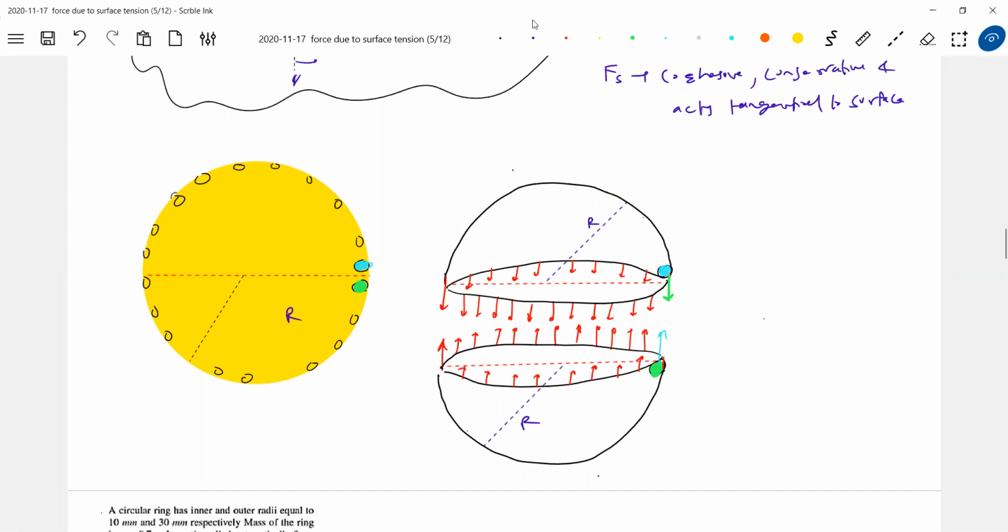So if you draw a surface, it will be acting. Instead of drawing the line here exactly on the diameter, if you draw it here, tell me how the force will be. Let me cut it at this particular point.